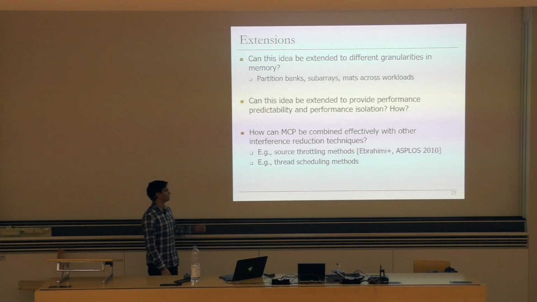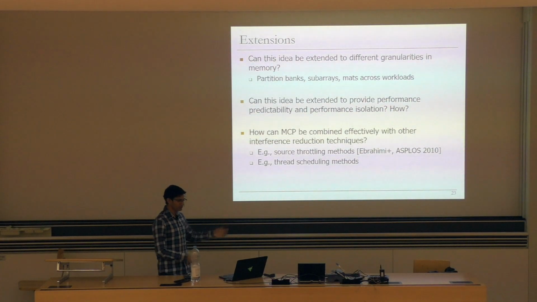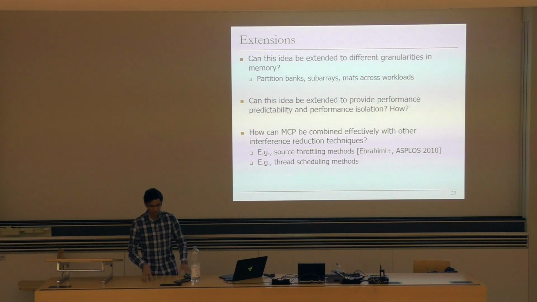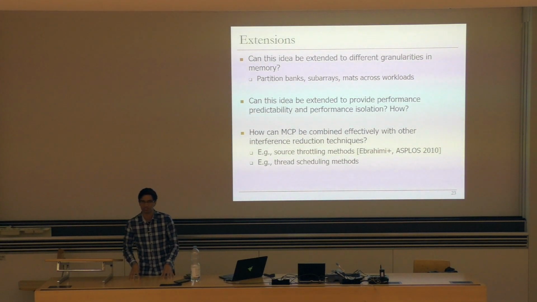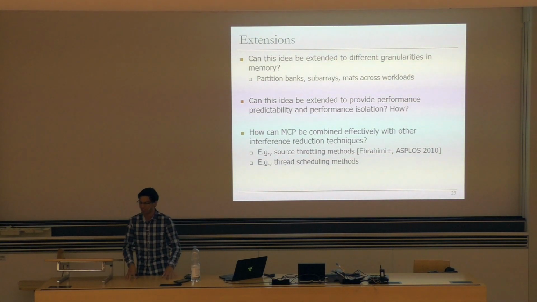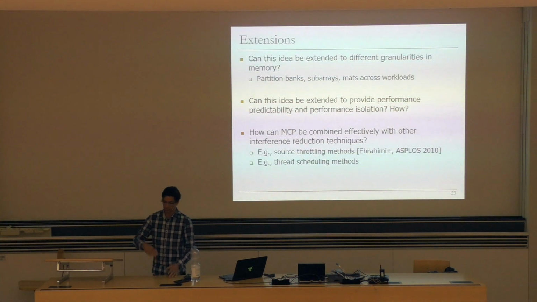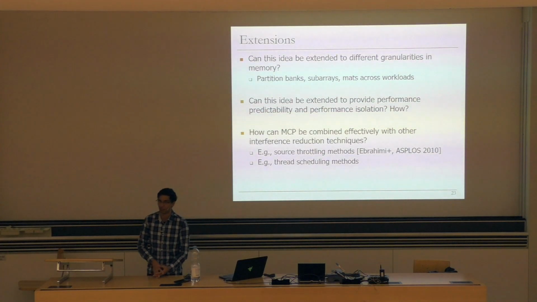Here I've listed a couple of examples of different approaches for interference reduction. The first one is what's called source throttling methods, and there are a couple of examples in the literature. Basically, we punish applications which are hogging too many memory resources. If we notice that an application is dominating the memory channel bus, we can, at the memory controller, slow down this application, not satisfying its requests as frequently as it wants.